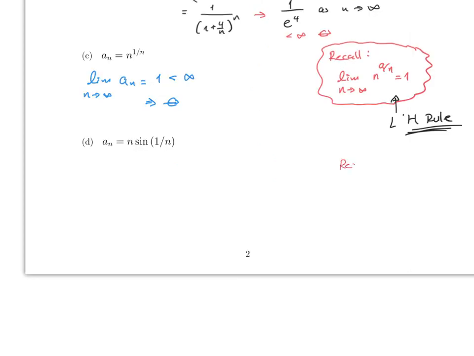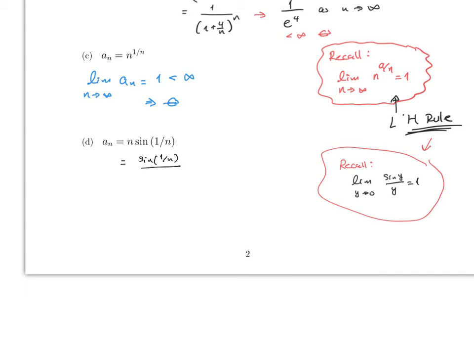And finally, another limit to recall was this: the limit as y goes to 0 of sine y over y is equal to 1. You can also use L'Hopital's rule to check this is the case. So now notice that this doesn't look the same, but if you rewrite it, it is the same thing as sine of 1/n divided by 1/n.